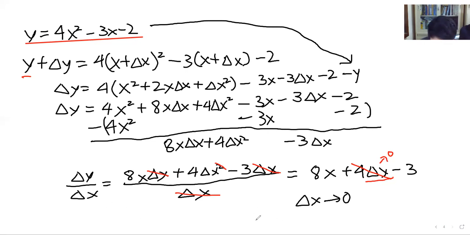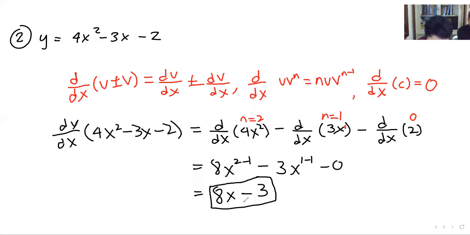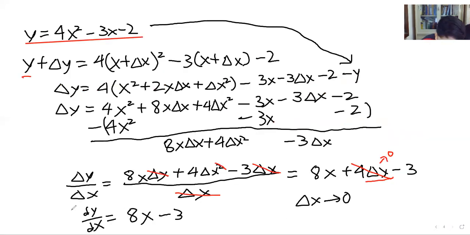All in all, this will again be dy dx. Again, here's the infinitesimal dy dx. We don't use the capital D. These are big changes; these are infinitesimal changes, very small changes. So 8x minus 3. Let's see our other one. 8x minus 3. Same answer. Very good. It's correct.